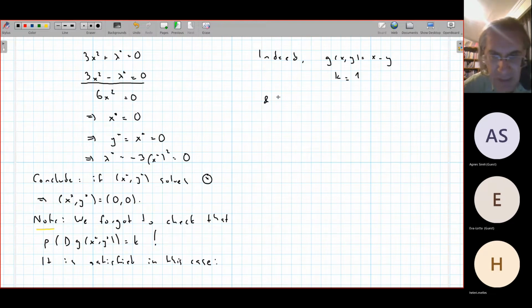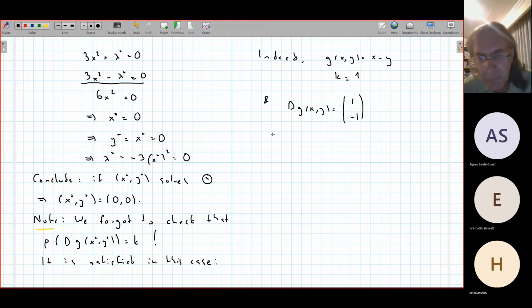Okay, so let's obtain the derivative of g. We obtained it before, right? So the derivative of g at x comma y is 1 comma negative 1. We evaluate the derivative at x star comma y star.